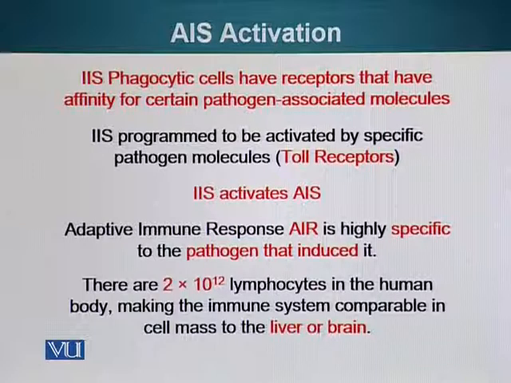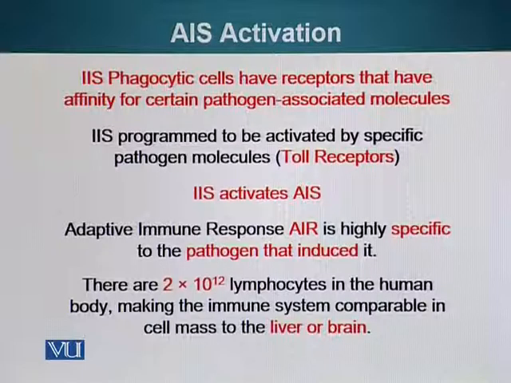These phagocytic cells of the innate immune system have these toll receptors and they get activated when a pathogen binds them. When innate immune cells are activated, which also include, for example, the dendritic cells, these are also part of the innate immune system, they can activate the adaptive immune system.